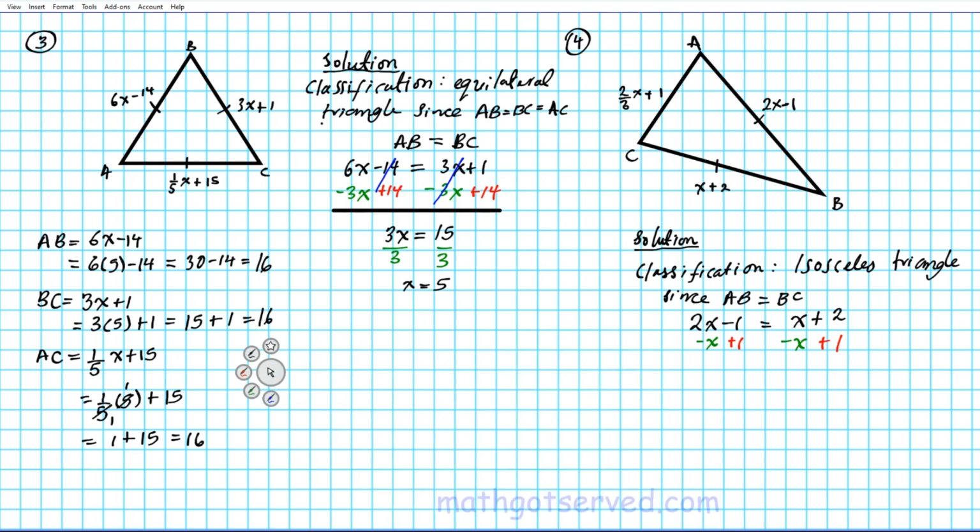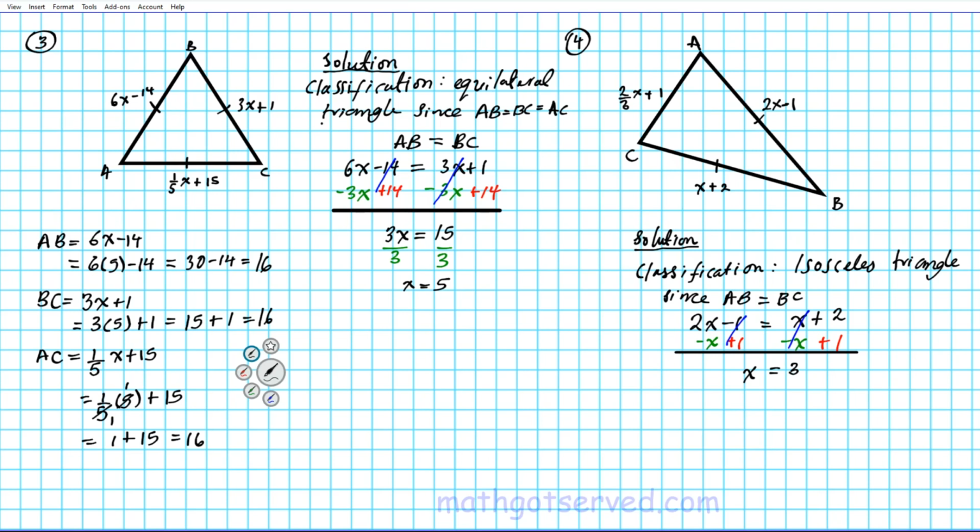If we do that, we're going to have 2x minus x is x, and when you combine 1 and negative 1, that adds up to 0. x minus x adds up to 0. So we have x equals 3.